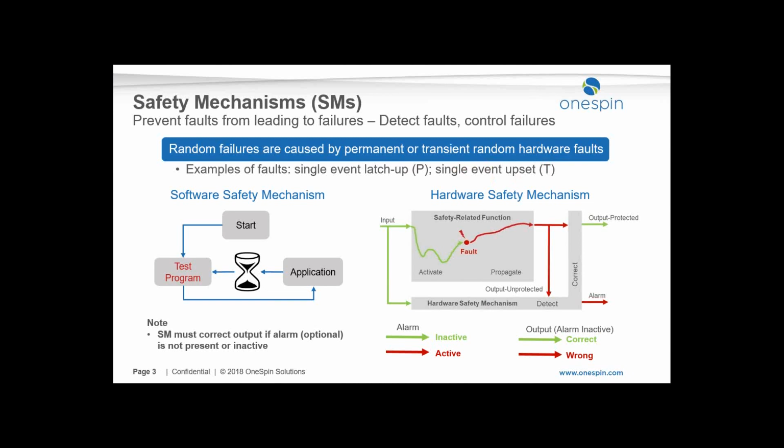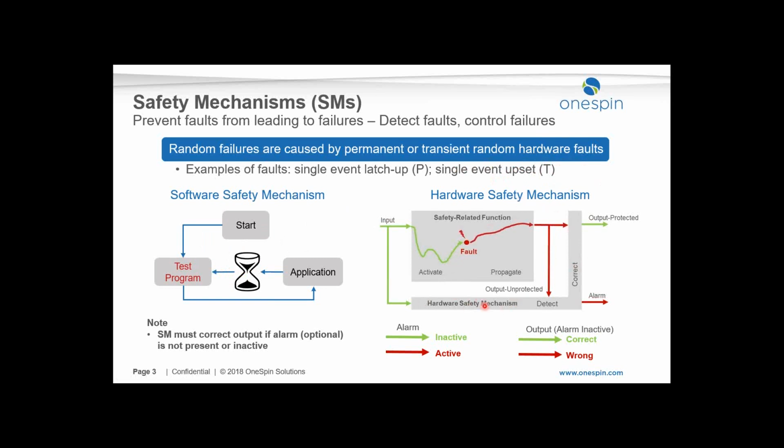And this will not cause a permanent damage of the hardware, but of course can cause failures. And we have software-based safety mechanisms that detect hardware faults, and we can have hardware-based safety mechanisms. And we will really focus in this presentation on the hardware side.